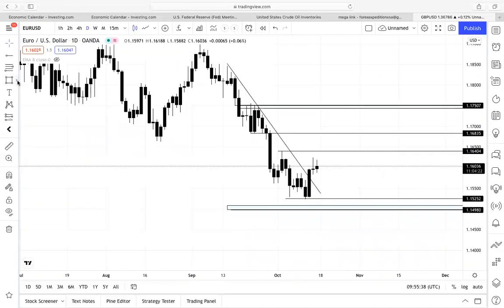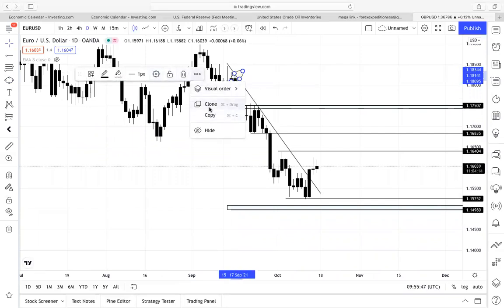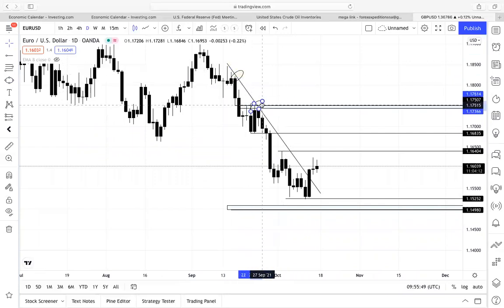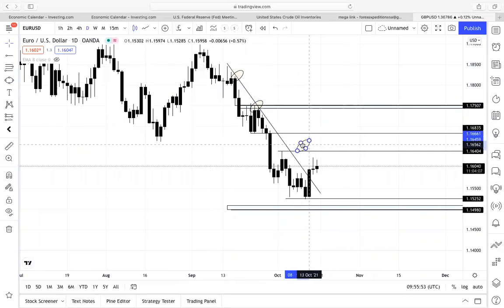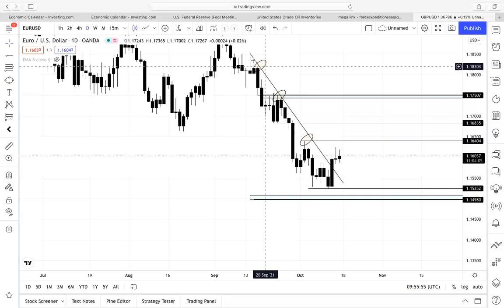But for the fact that the market did not take out the lower structures. Oof, now we're going advanced, guys. Lower high, lower high, lower high. The fact that the market did not take out this lower high yet, price is still moving in a downtrend, even though the price broke the trend line.